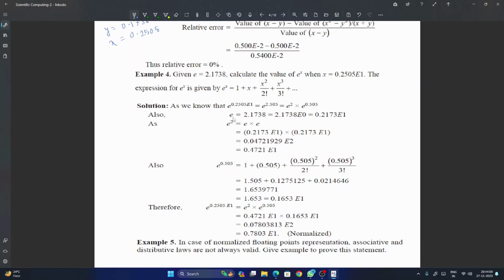Now if you calculate e, then e square, that means using normalized floating point arithmetic, and in this way just produce the values. Now again you can check whether there is any error or not. Here they are calculating some particular values, but you can check again what the value of e to the power x is by using normalized arithmetic, and what the difference is between the original data and the data you have calculated through this machine.